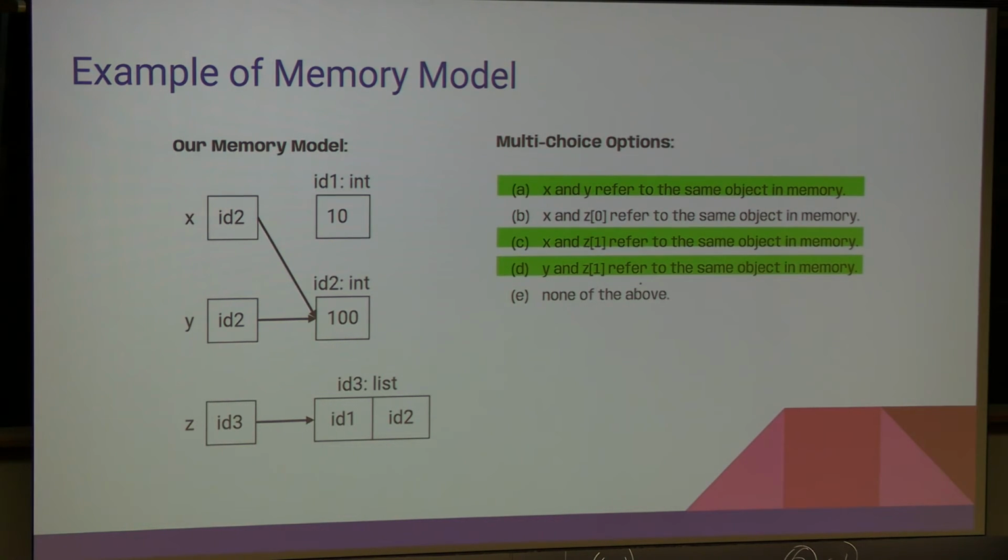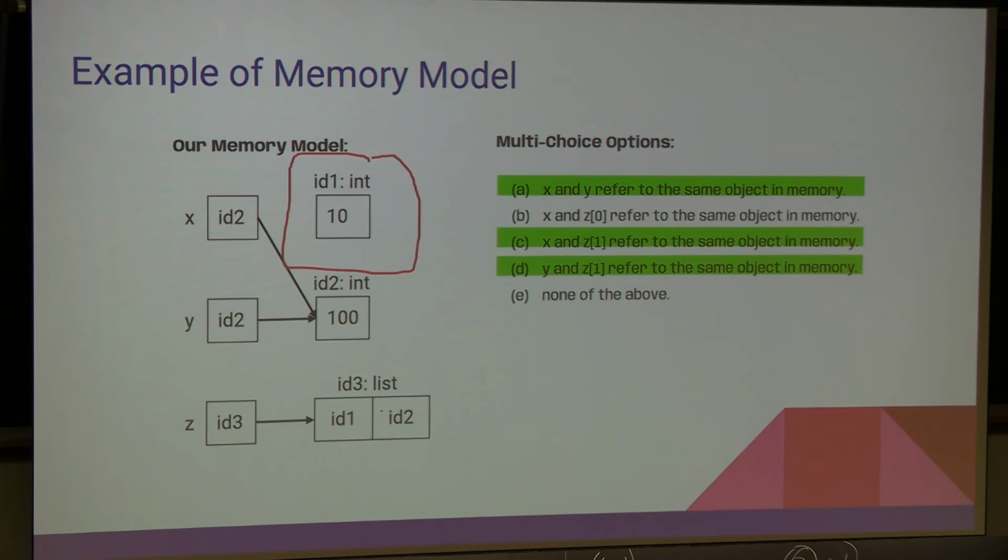So how is Z ID1, ID2? Z is ID1, ID2, okay. No. What is ID1 here? It's this. Value 10, exactly.